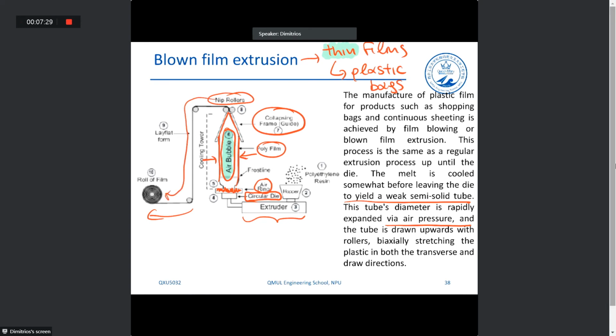So the keyword here is that we use blown film extrusion for thin films. What is done here is at the end of the extruder, we blow air at different pressures. So the key here is that by controlling the air pressure, we control the thickness.